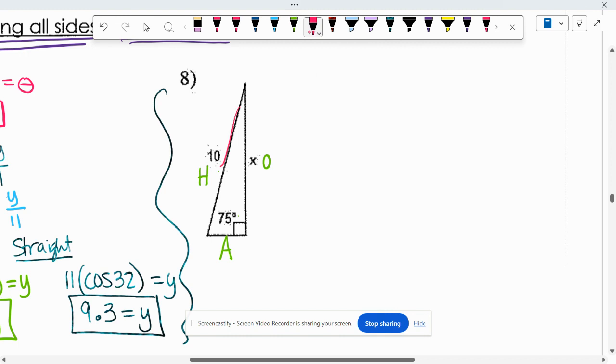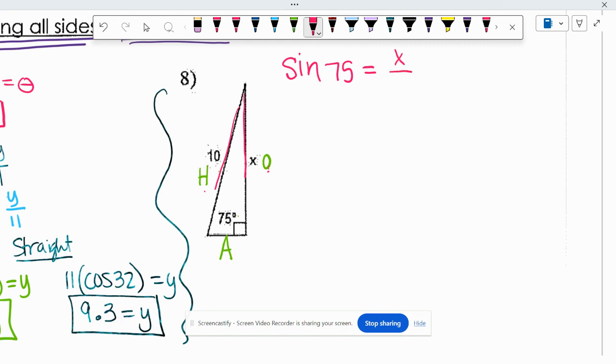So what trig function uses O and H, Andres? Sine. We only sin at church. We sine at school. So the sine of 75 equals the opposite over the hypotenuse.